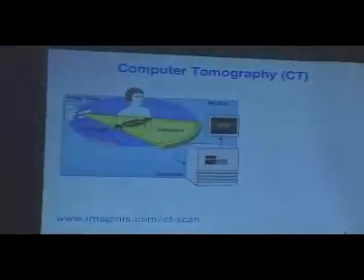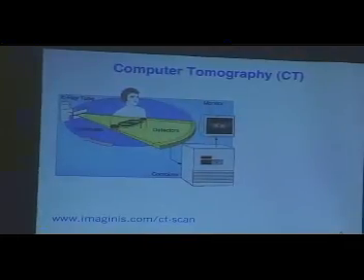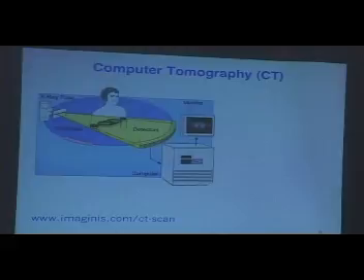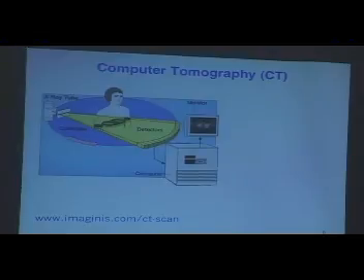Anyone know about the CT? Okay, a few of you. Nowadays, for example, someone in your family has some problem, you go to see a doctor, and they recommend having a CT, right? What it means is the doctor wants to see inside you. Let's say the doctor wants to see something inside my brain.